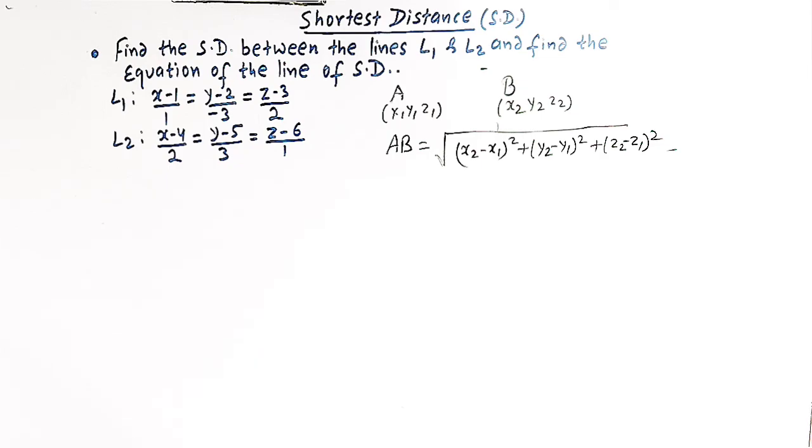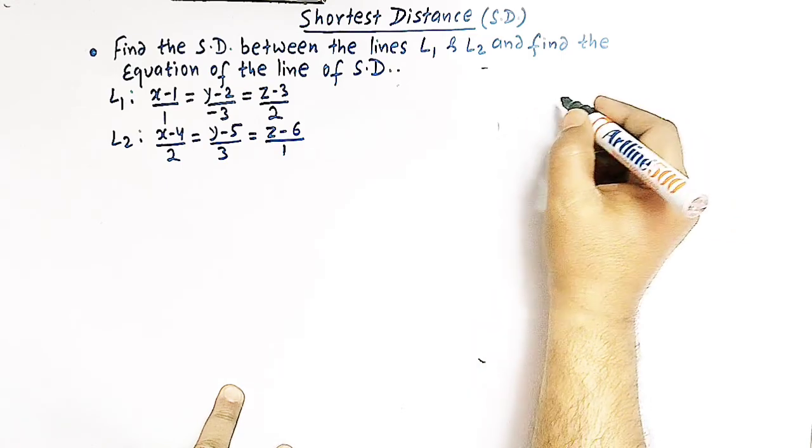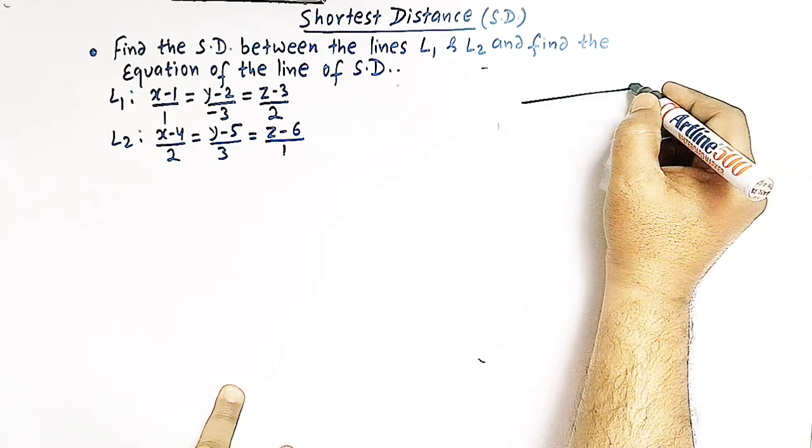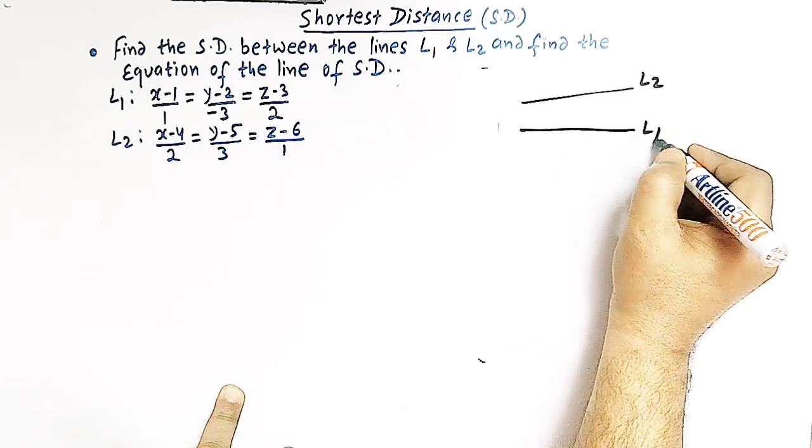lines L1 and L2. According to the definition of non-coplanar lines, two lines are said to be non-coplanar if they lie on different planes. Suppose we have the line L2, and here we have the line L1.